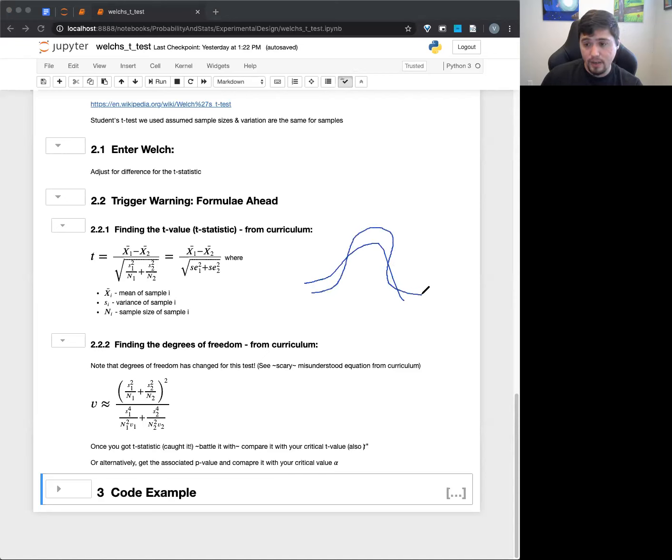I know I'm not the best drawer. So that's a normal distribution. The problem is that we don't know for sure if our sample follows a normal distribution. And so we have to use the t-distribution, since we don't have that many points.